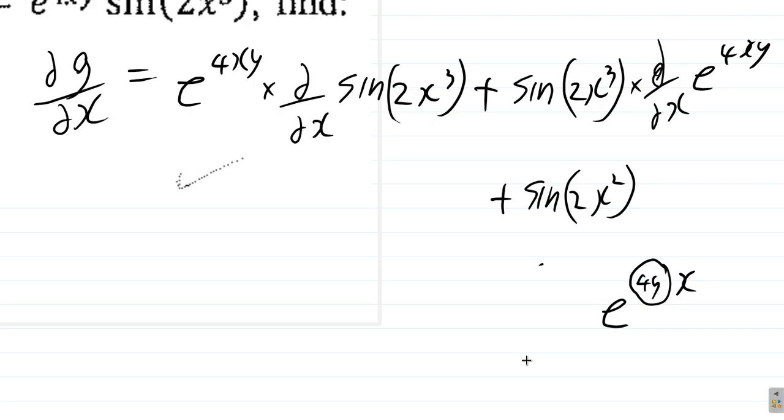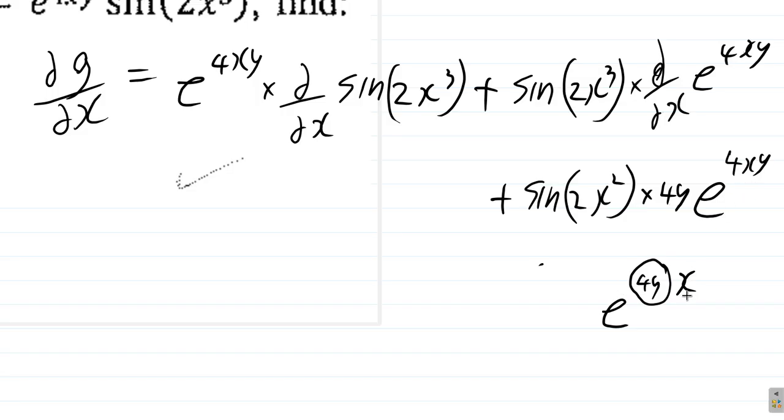So when you differentiate 4xy, same as differentiating 4y times x, you're going to get 4y, and then e to the power of 4xy.